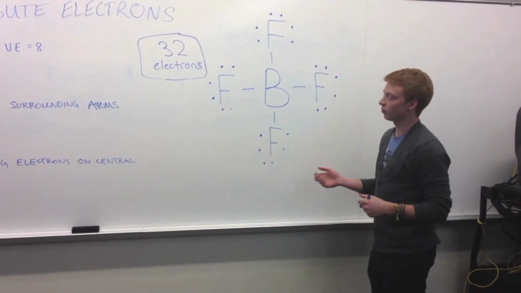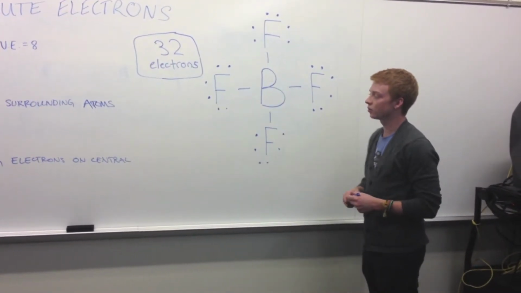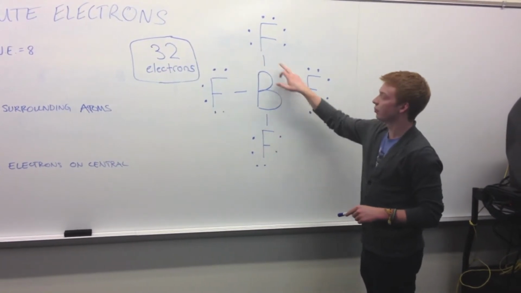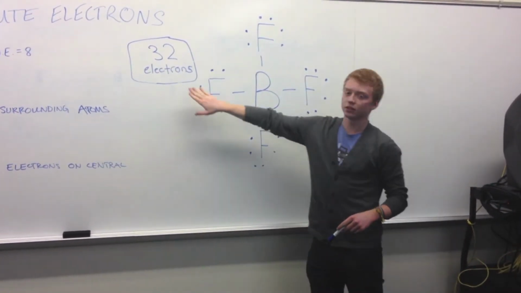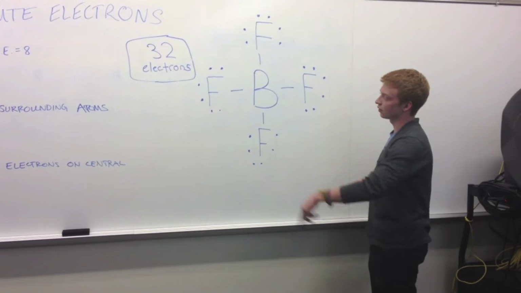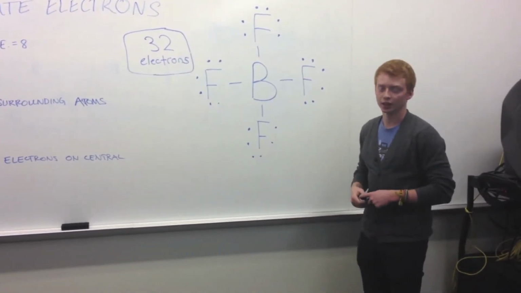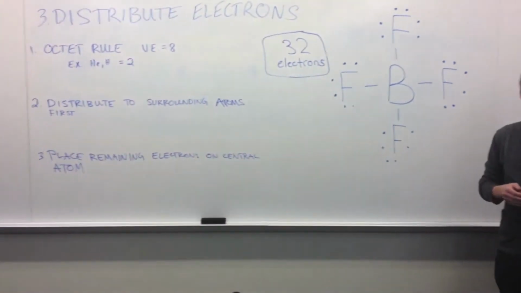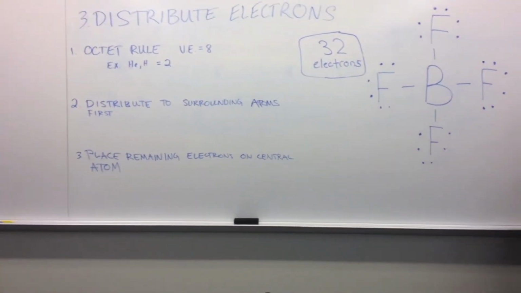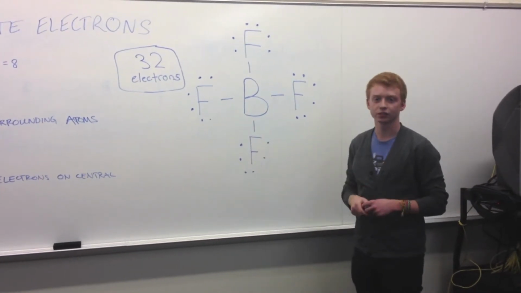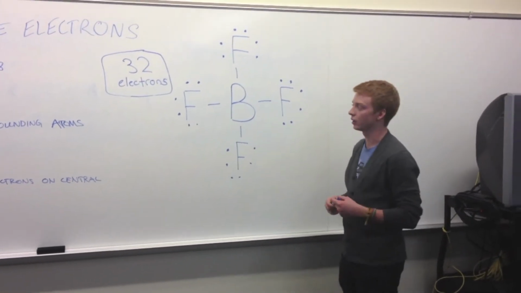So now that each fluorine has satisfied its octet rule, if you count up all of these and the bonding pairs, you'll get 32 electrons. That means all the electrons have been used up, so boron doesn't need any of the extra remaining electrons. And also, if you look at boron, you'll see that it has 8 surrounding electrons, so it also completes the octet rule here.